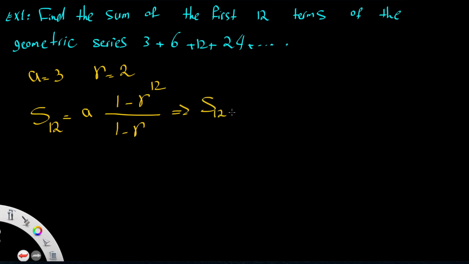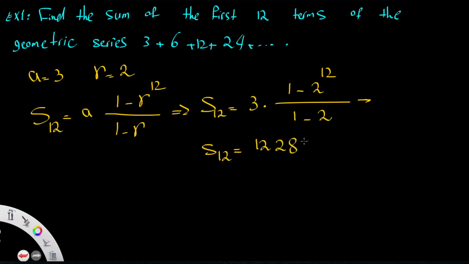So S12 will be equal to a, which is 3, times 1 minus 2 to the power of 12 over 1 minus 2. Now S12 will be equal to 12,285 as the final answer.